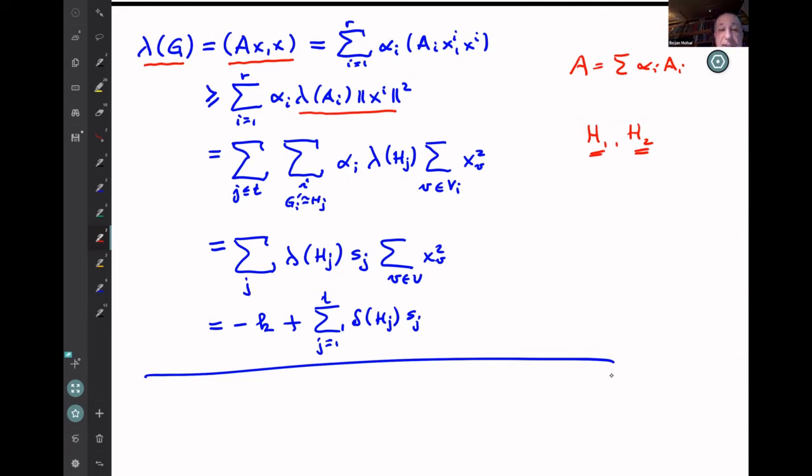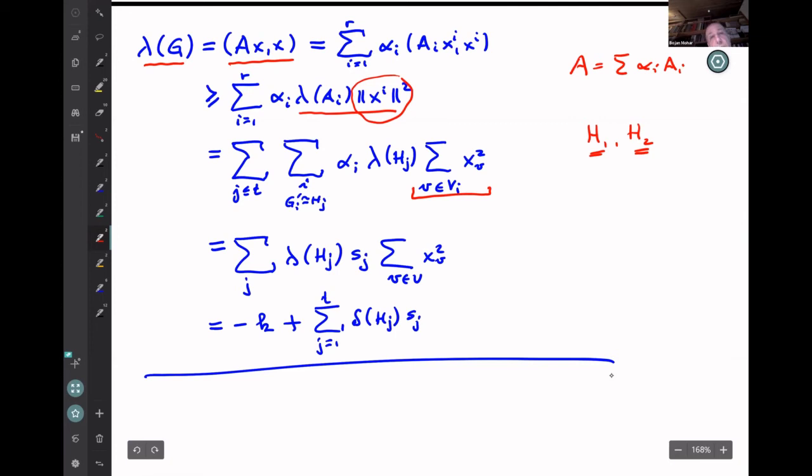So this is the same sum as i from 1 up to r. Now look at this double sum, and at the little sum over vertices only in V_i.